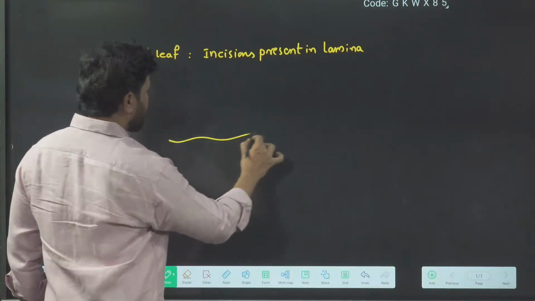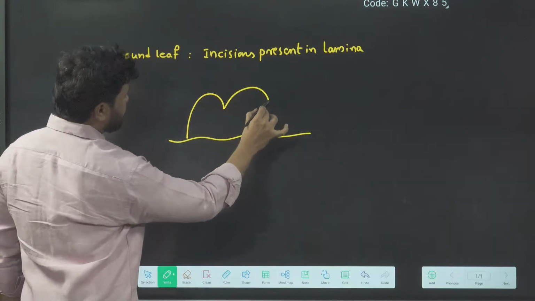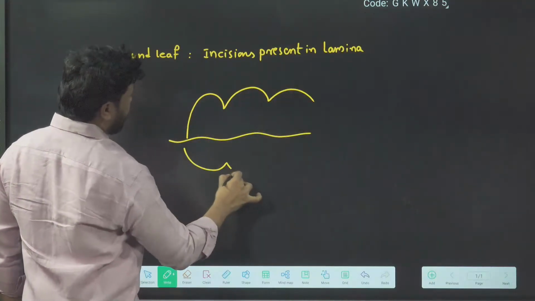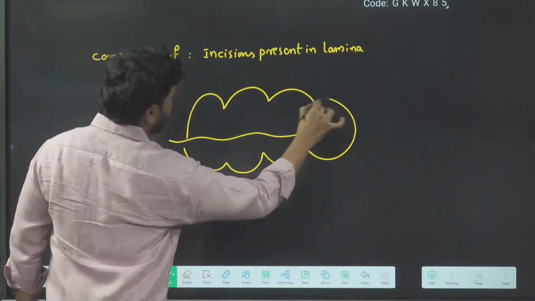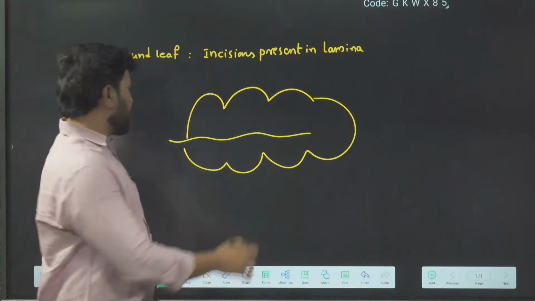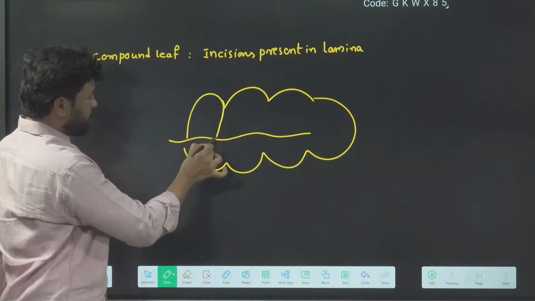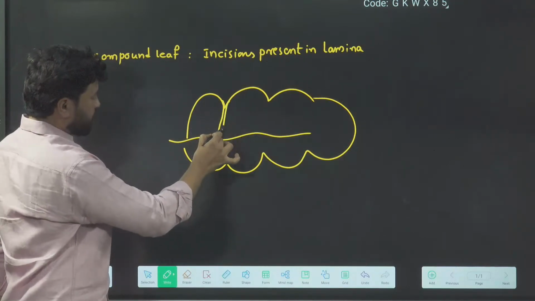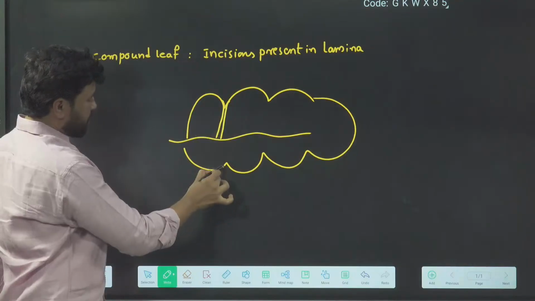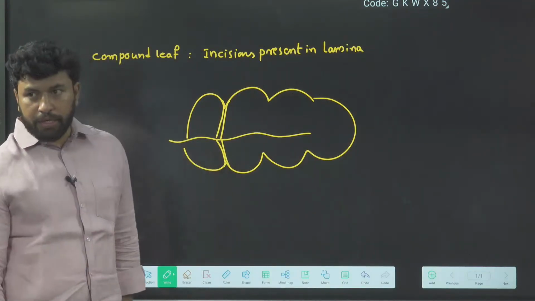This is a midrib and this is its lamina. Still I am calling this leaf a simple leaf. During the course of change, gradually this incision has come and touched the midrib. From this side, the incision has come and touched the midrib.